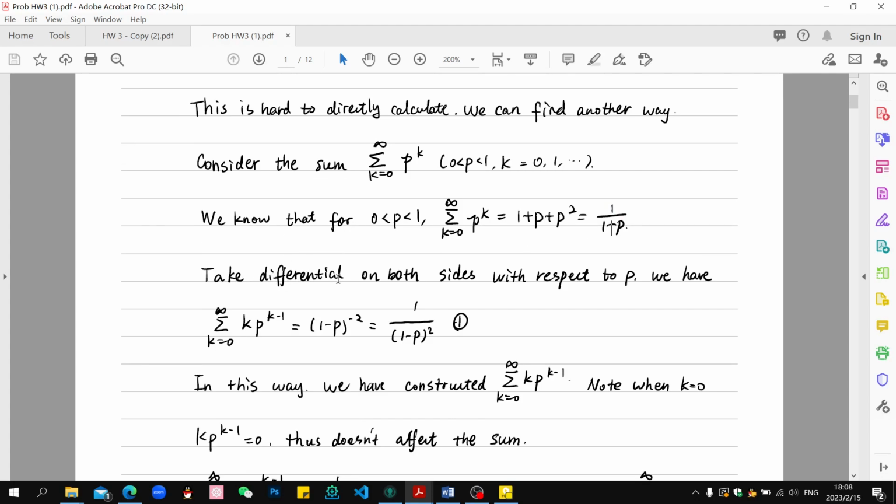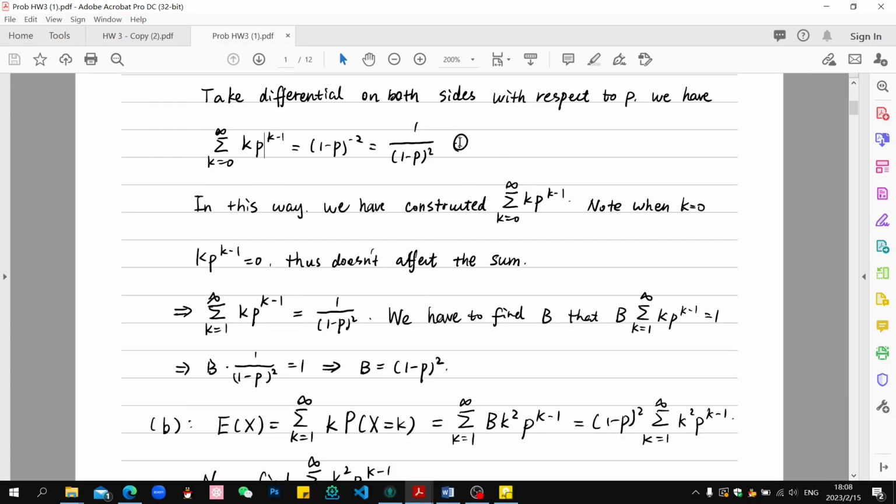We can take the derivative on both sides of this formula with respect to p. We have that the sum of k times p to the power of k minus 1 is 1 over (1 minus p) squared. I call it equation number 1. In this way, we have constructed this sum.